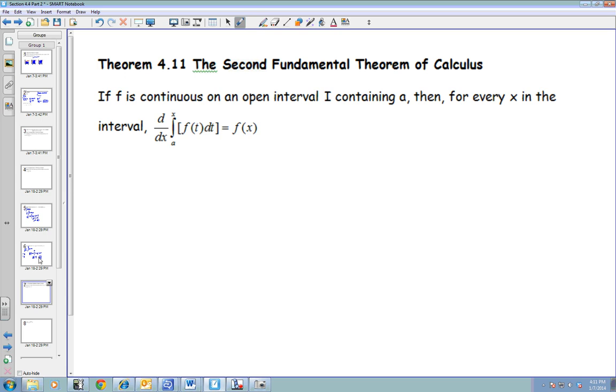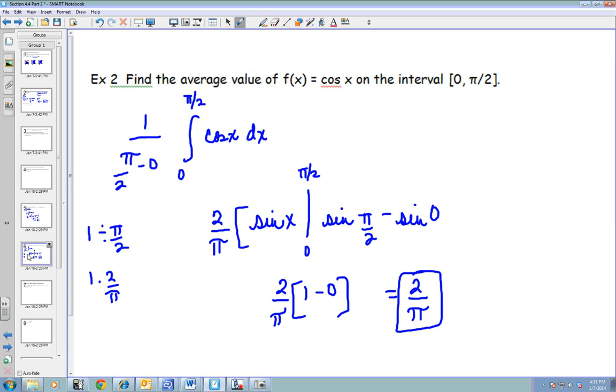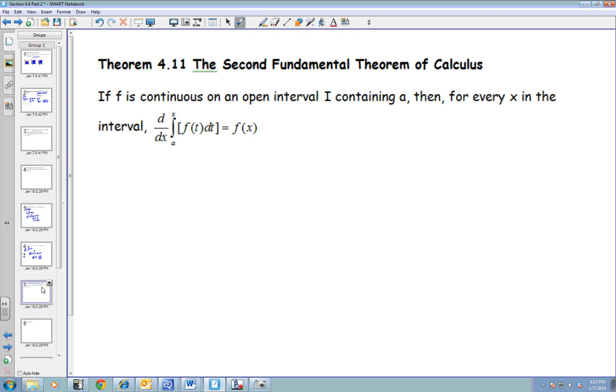All right, so the first important thing, finding the average value of a function. Now, we've already had the fundamental theorem of calculus. Okay, this is the second part of the fundamental theorem of calculus. The first part was when we learned how to integrate and then just plug our numbers in for definite integrals. This is completely different.